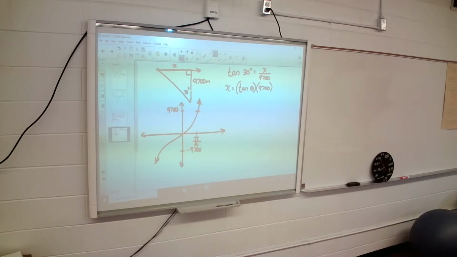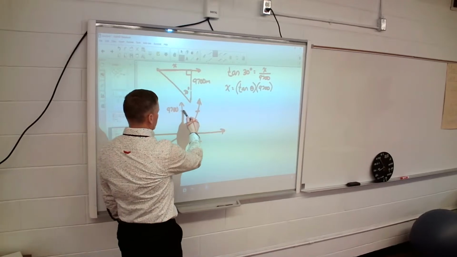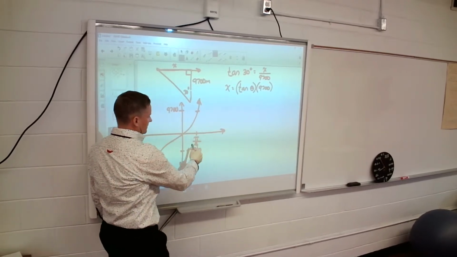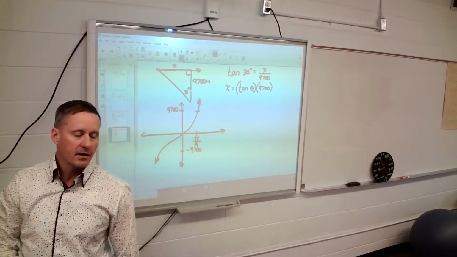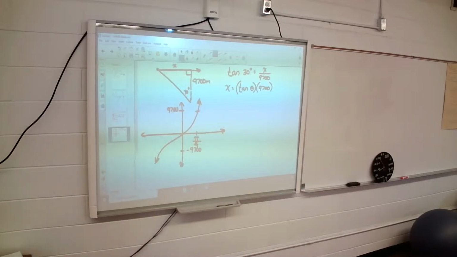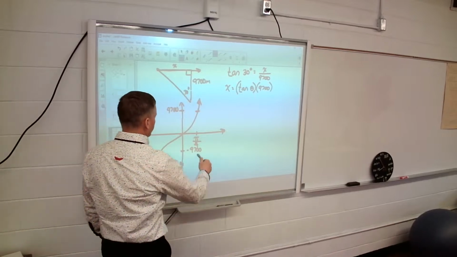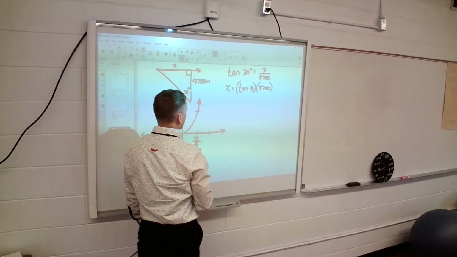Root 2 over 2 over root 2 over 2. 1 times 9,700 gives you 9,700. That's where the angle has to be in order for the horizontal distance to be 9,700 for that question. And then as you get further away, what's the next one?